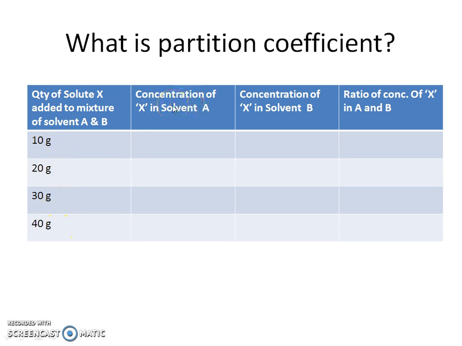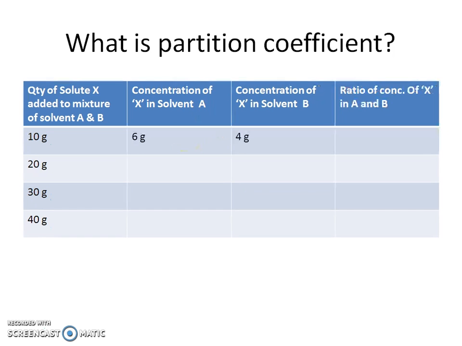Second column, concentration of X in solvent A. We added X in the mixture of A and B, then there is distribution of X in A and in B. Third column is the concentration of X in solvent B. And the last column is the ratio of concentration of X in A and X in B. Once we take an example, you will understand.